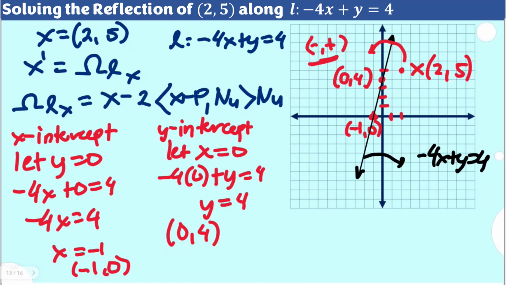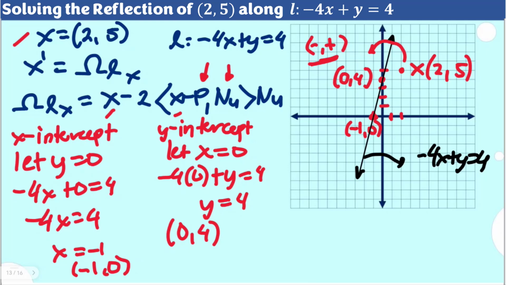So let's talk about the reflection now. As we have X already identified, that would be included in this formula. For P, it's up to you which you will use: the x-intercept or the y-intercept. Then our n sub u, or the unit normal vector, is the normal vector of magnitude or length 1.